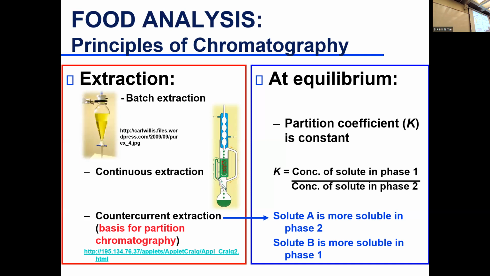So your components that you want to separate are really partitioned or distributed. Okay, so you can call it partition or distribution. So it's partitioning between these two phases. And once they are partitioned and you reach equilibrium, you have a partition coefficient, which is a constant.